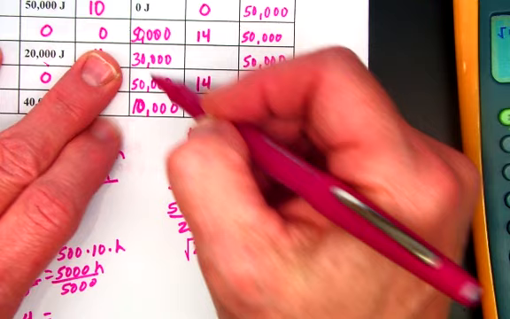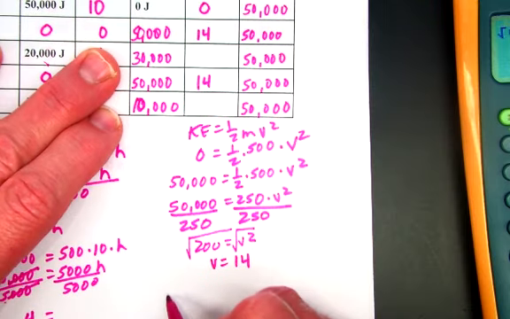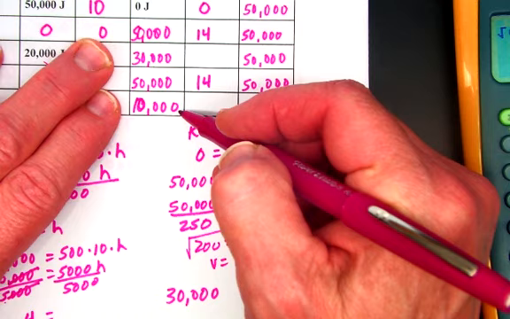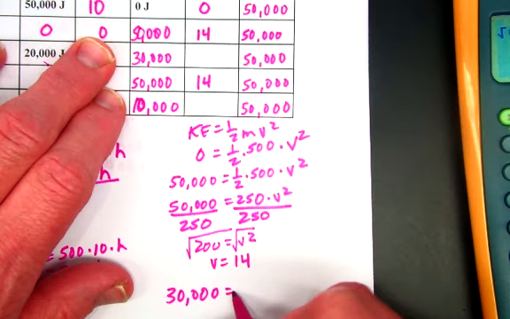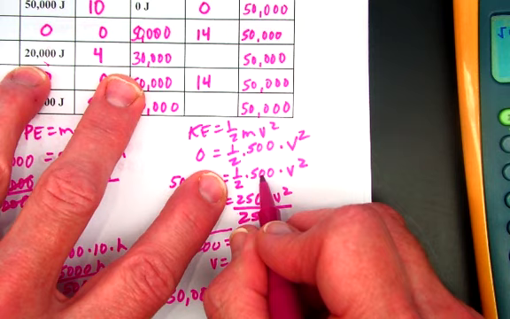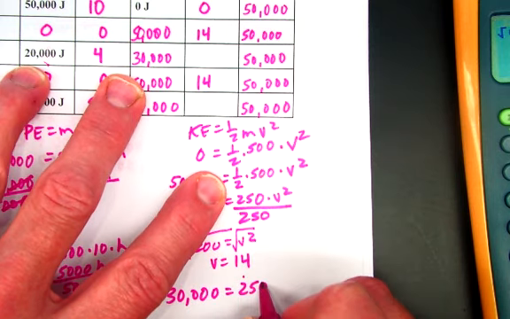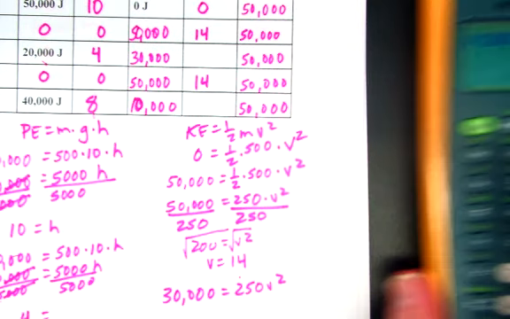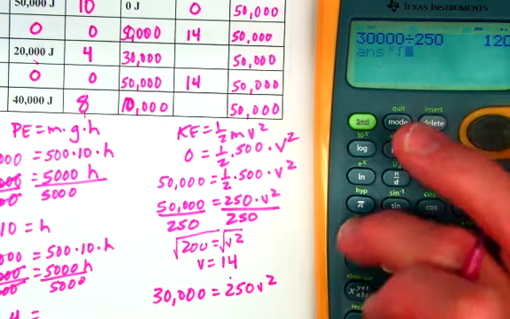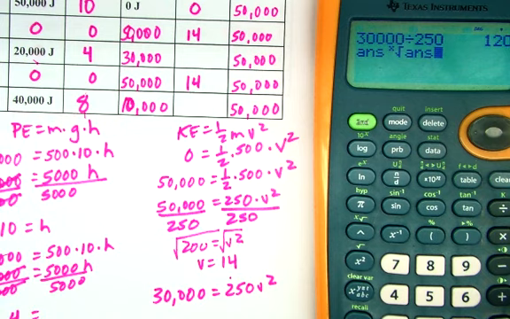For the other two, I'm going to have to do two similar problems. I'm just going to use 30,000 and 10,000 as my problem. So 30,000 equals 1/2 times 500, just going to make it 250 V squared. So 30,000 divided by 250, second function square root, second function answer.